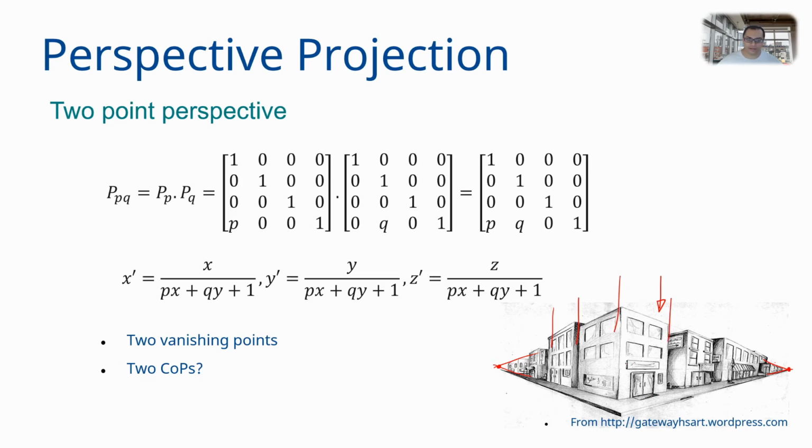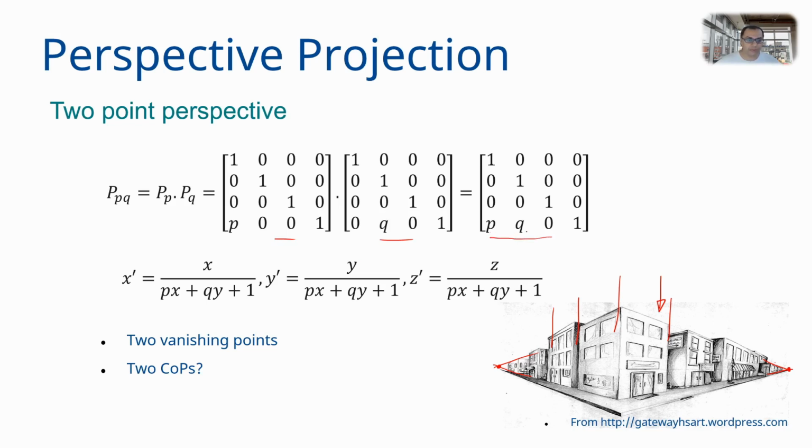These are parallel. So how do you get this sort of an image? An image which has two axial vanishing points is called a two-point perspective, right? And the way you get this transform is by multiplying two single point perspective transforms. That gives you a two-point perspective transform.